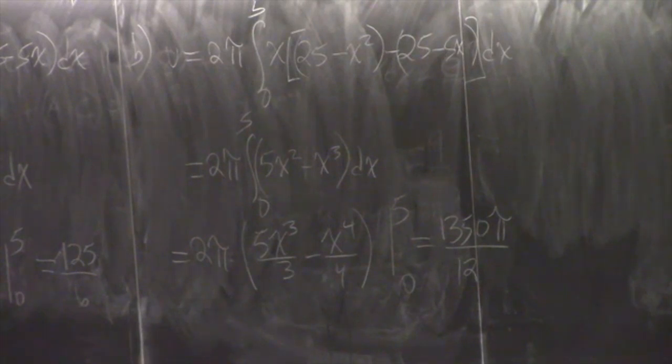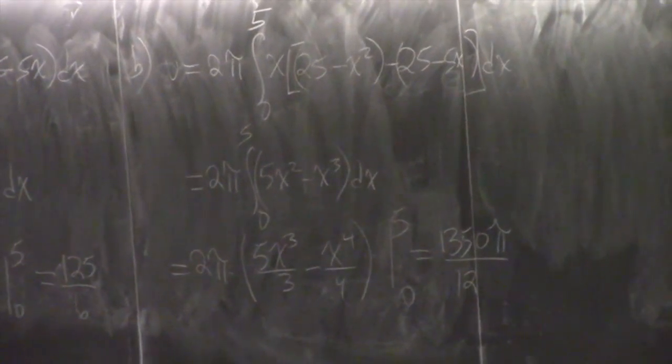About 104.16 pi, something like that. I'm wrong a lot. So far, so good?